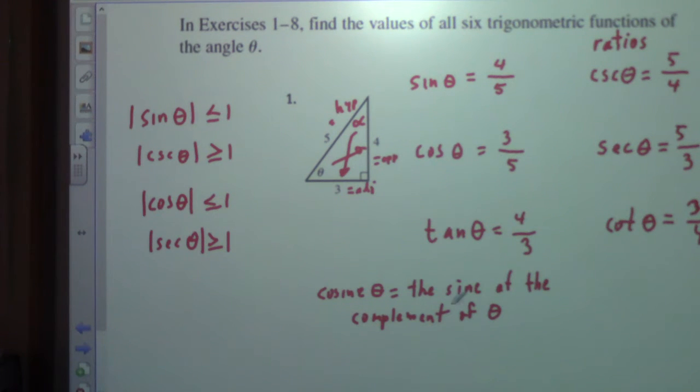And similarly, tangent and cotangent, same sort of thing. The cotangent is the tangent of the complement of this angle. So if you take the complement of theta, you'll get this alpha, and the tangent of this complement is going to be 3/4.